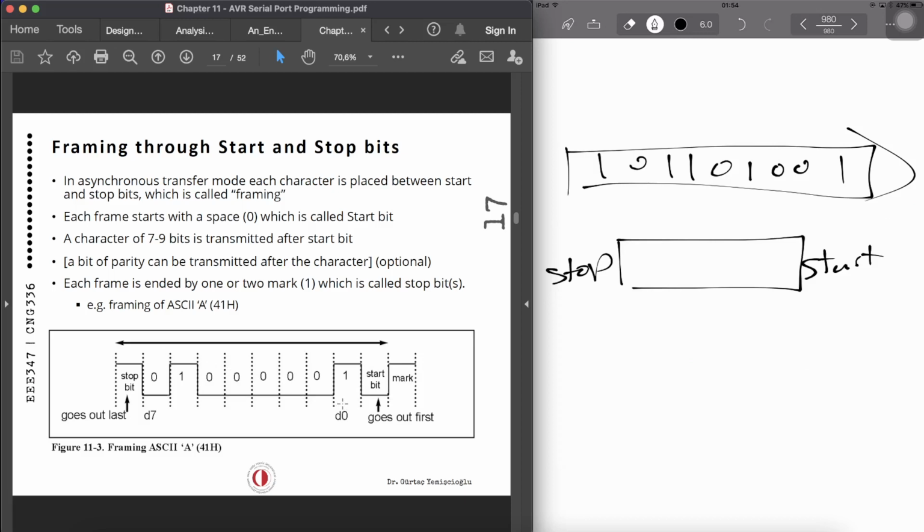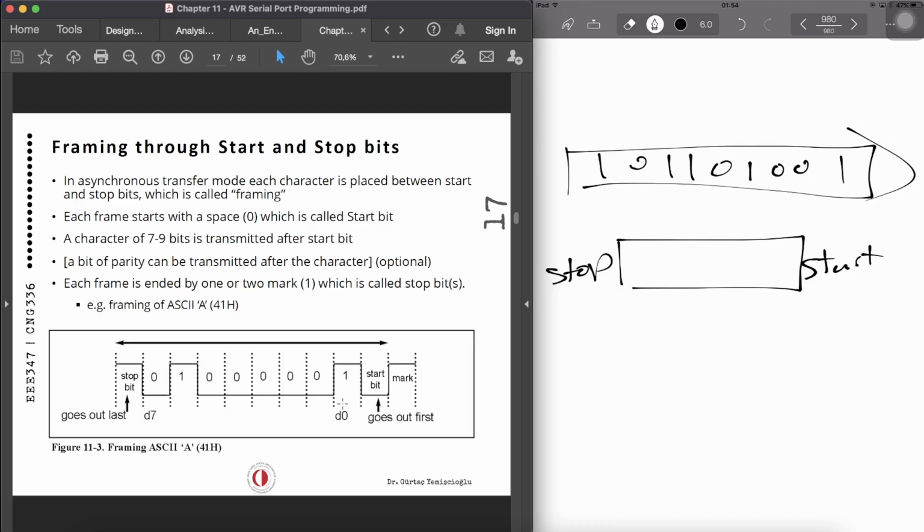Now, one thing we need to be careful about, or take into account, is the data transfer rates.